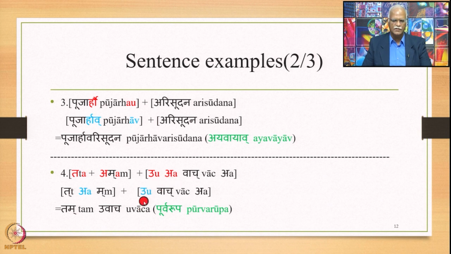This is samprasarana, so samprasaranacha applies. Here amipurvaha applied. Here samprasaranacha applies, and we have a purva rupa sandhi, and so we have uvach tam uvach. There are two purva rupa sandhis taking place in this fourth example.